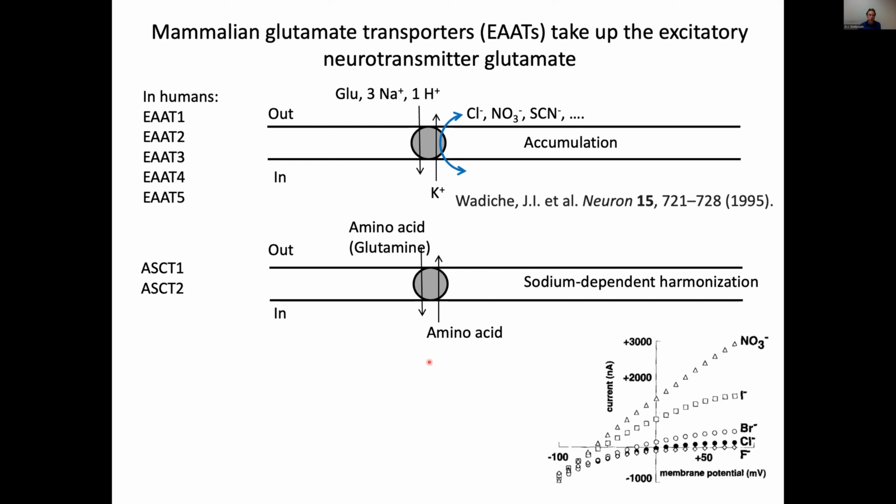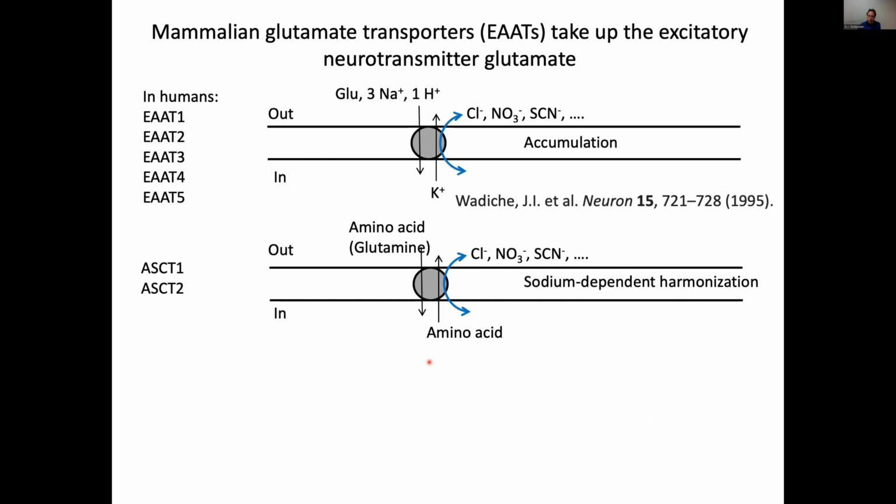Probably these channel activities are linked to chloride homeostasis, although it's still not completely clear what the function is. You find these channel activities in the transporters I mentioned in the central nervous system, but also these neutral amino acid transporters have this anion channel activity.